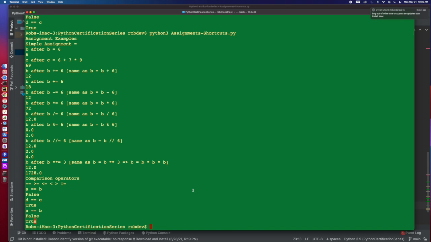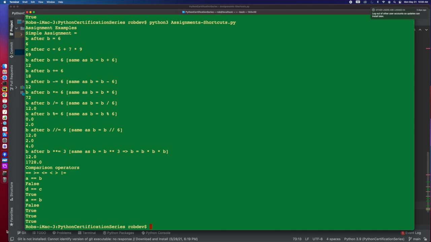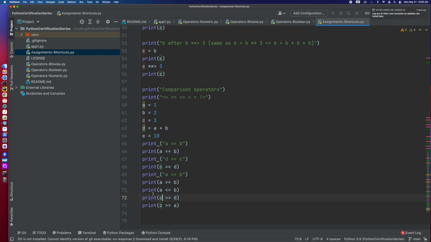And so if we run those, both are true, because we're going to see that C, which is 3, is greater than or equal to D, and we know it's equal to it, and we also know that it's greater than A.